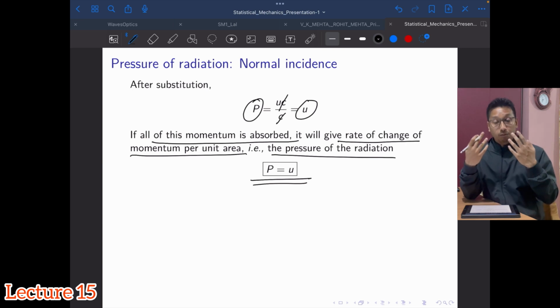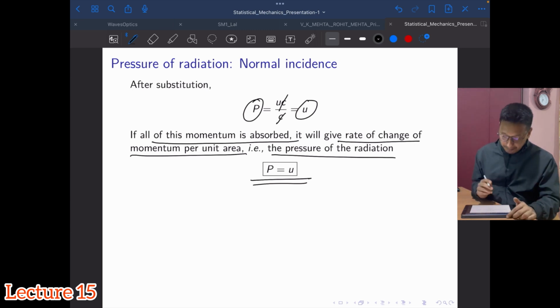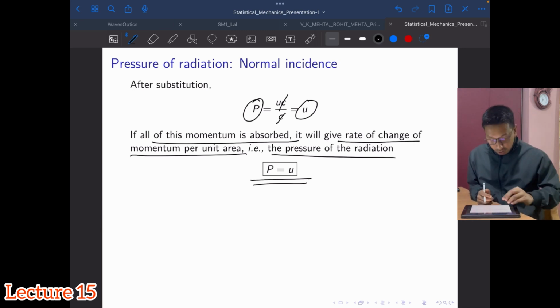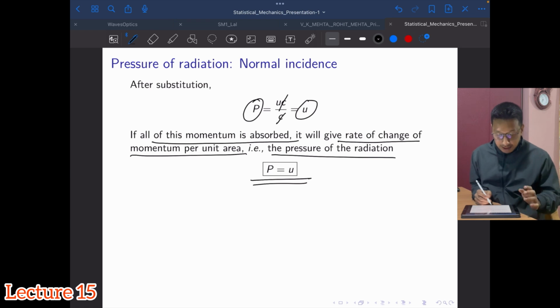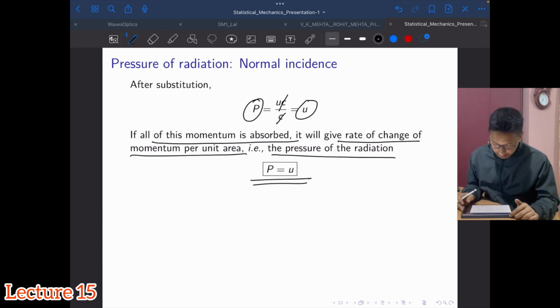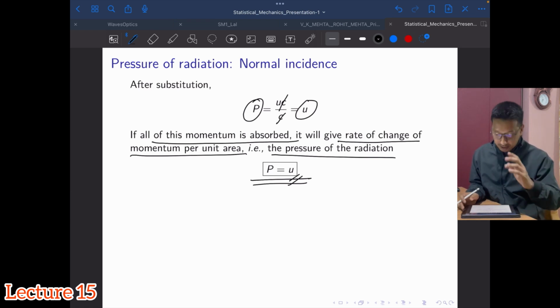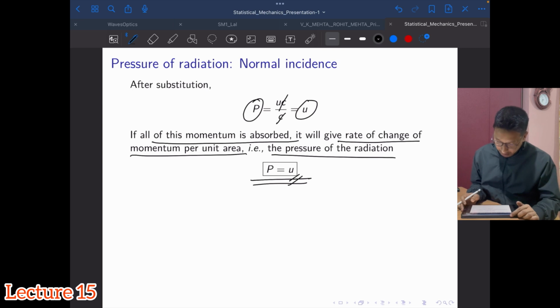So change of momentum per second is P, which gives you the force, and we have considered that per unit area. So force per unit area is your pressure. So we have proved that the pressure due to radiation for normal incidence is equal to the energy density of the radiation that we have considered here.